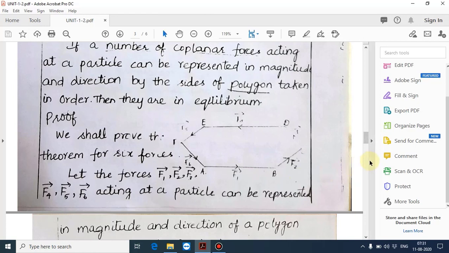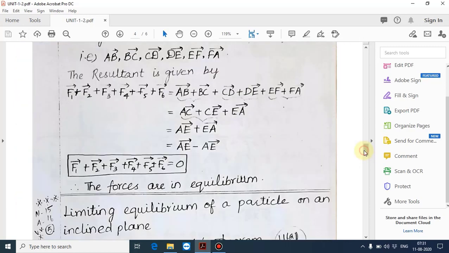You see next, the resultant is given by F1 plus F2 plus F3 plus F4 plus F5 plus F6 is equal to AB plus BC plus CD plus DE plus EF plus FA.